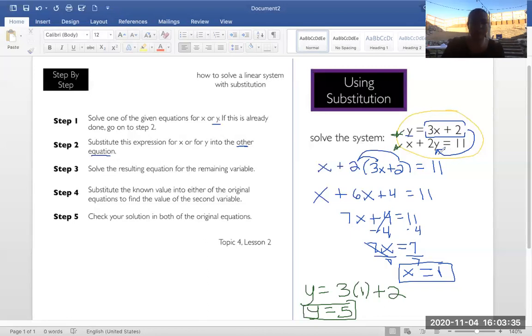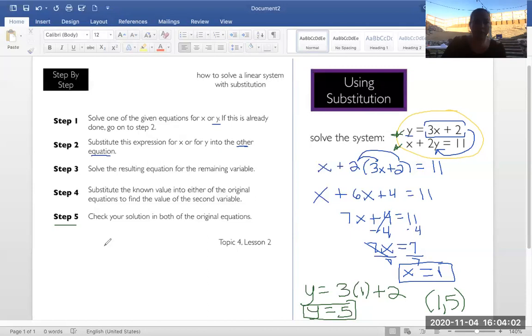In other words, it's going to make the system true. Our ordered pair then is 1 for x and 5 for y. If we were to graph this, the point 1 for x and 5 for y would be the intersection point of both graphs. Step 5 is always to check your solution in both of the original equations.